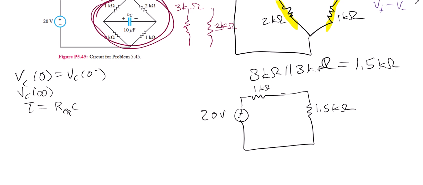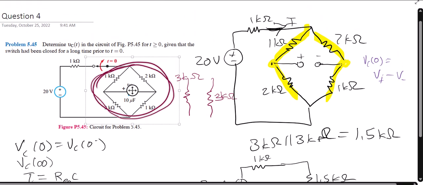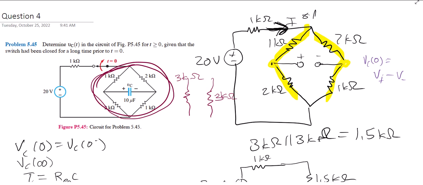So if I want to find the current here and just use Ohm's law, V equals IR, 20 equals I times my total resistance here, which is 2.5 kilo ohms, which gets me that I is 8 milliamps. Okay, so now I know that the current coming through up here is 8 milliamps.